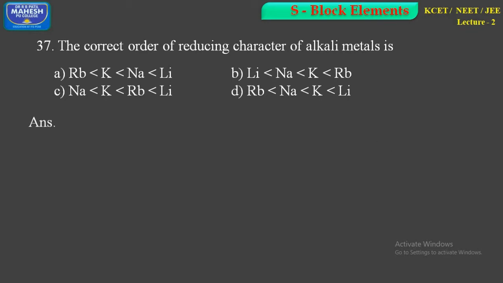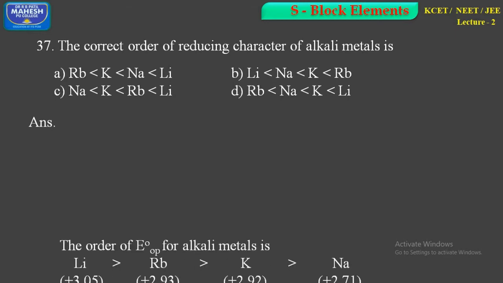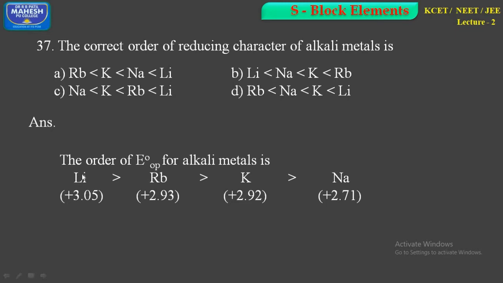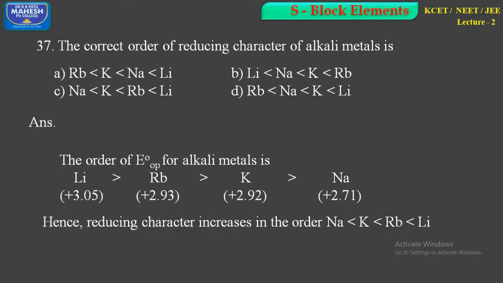Students, the order of electrode potential values for alkali metals is lithium with plus 3.05, which is the highest value, and the next for rubidium with 2.93, whereas for potassium 2.92, and for sodium is the least value, that is 2.71, and hence the reducing character increases in the order sodium with the least value, potassium, rubidium, and the highest for lithium.